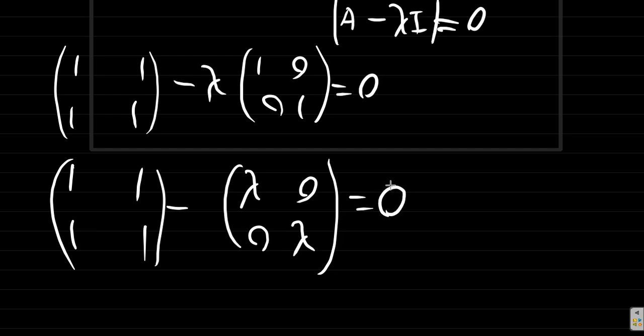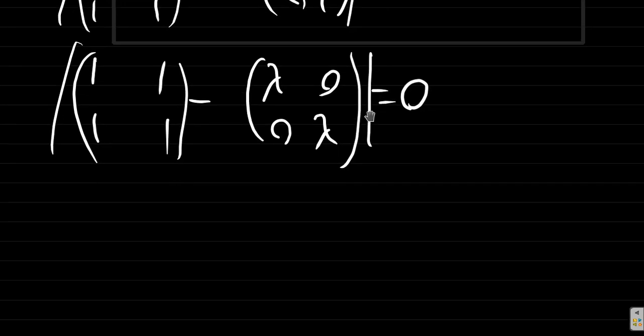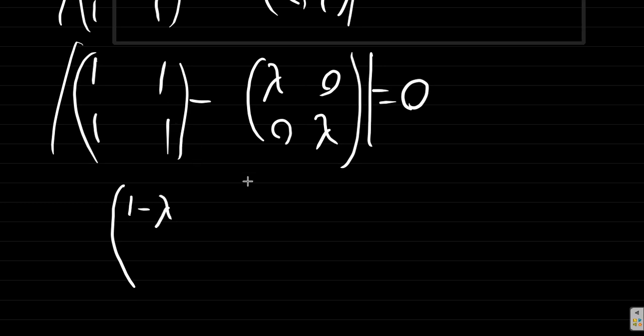When you subtract these, we get 1 minus lambda, 1 minus 0 is 1, 1 minus 0 is 1, 1 minus lambda.